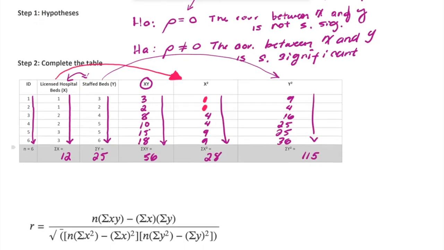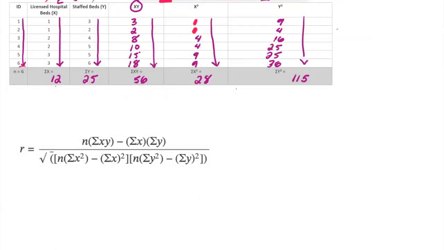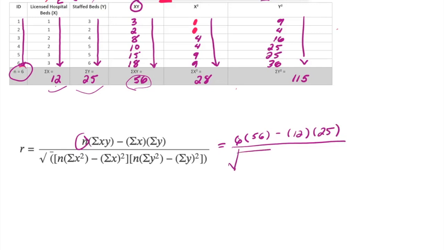So from here, we can go ahead and plug it into the equation. Now we're going to do the correlation. We need the pairs. So 6 times the sum of x times y, which is this value, 56, minus the sum of x, 12, times the sum of y, 25. All of this divided by a giant square root. Bracket.